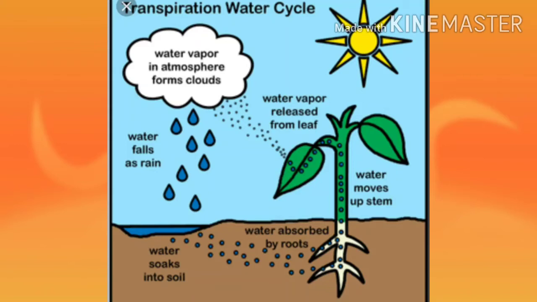Next is cooling effect. In transpiration, water gets evaporated from the plant. The heat required for evaporation of water is obtained from the plant itself, and thus the plant cools itself when it is hot outside.